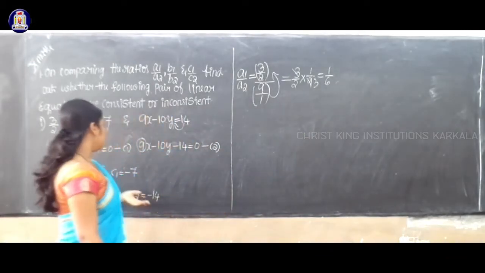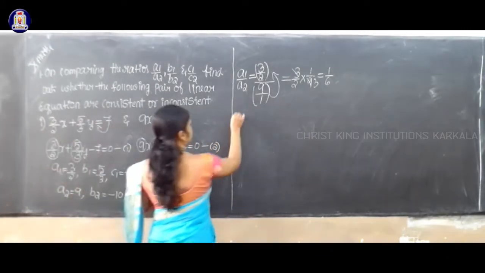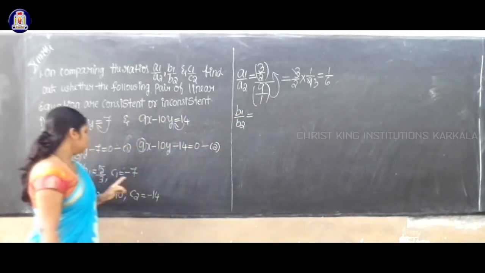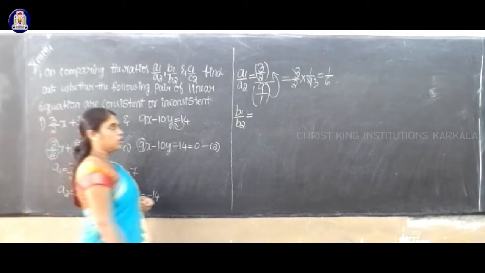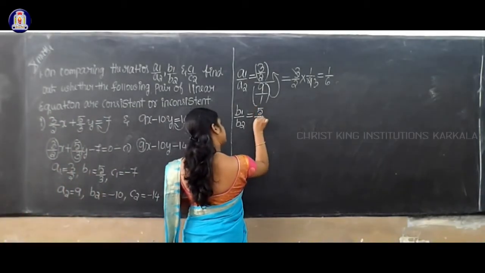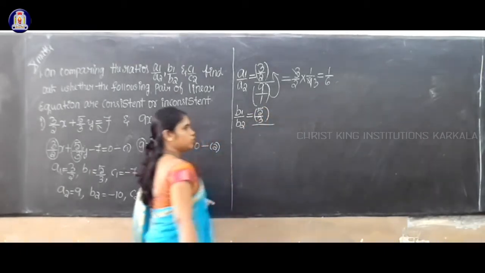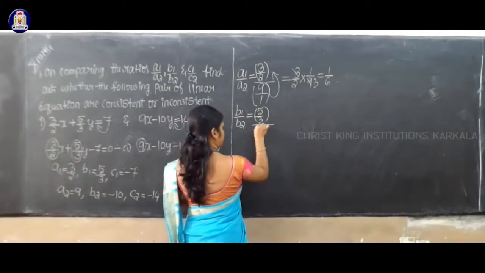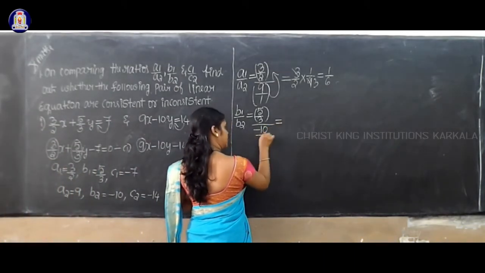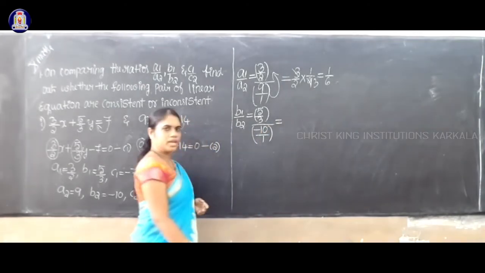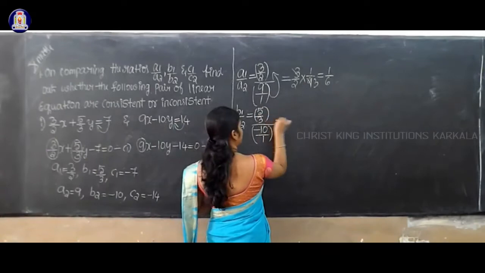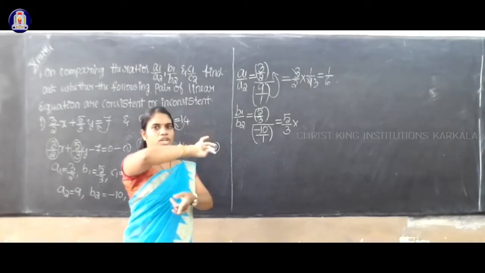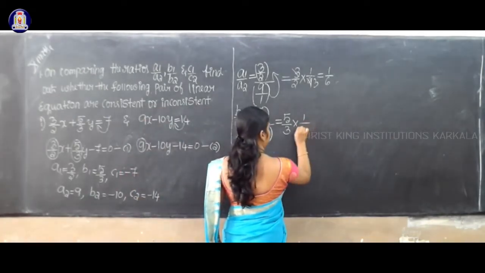Now once again I will calculate the value of B1 by B2. B1 is equal to 5 by 3, and B2 is equal to minus 10. Shall I write this minus 10 as minus 10 by 1? So 5 by 3 will be as it is, into the reverse, 1 by minus 10.